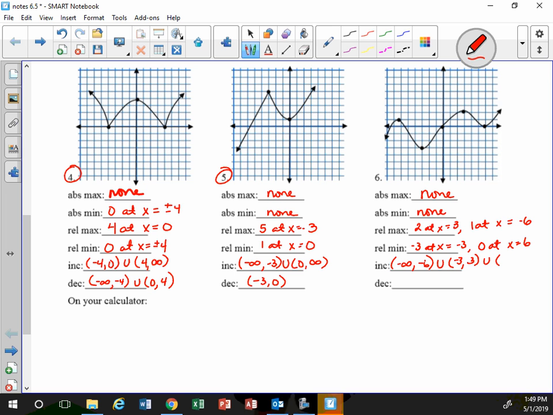There's 6. Decreasing, what do you think, guys? Yep. And then 3 to 6. It's like the pieces you didn't tell me were increasing, those are decreasing.